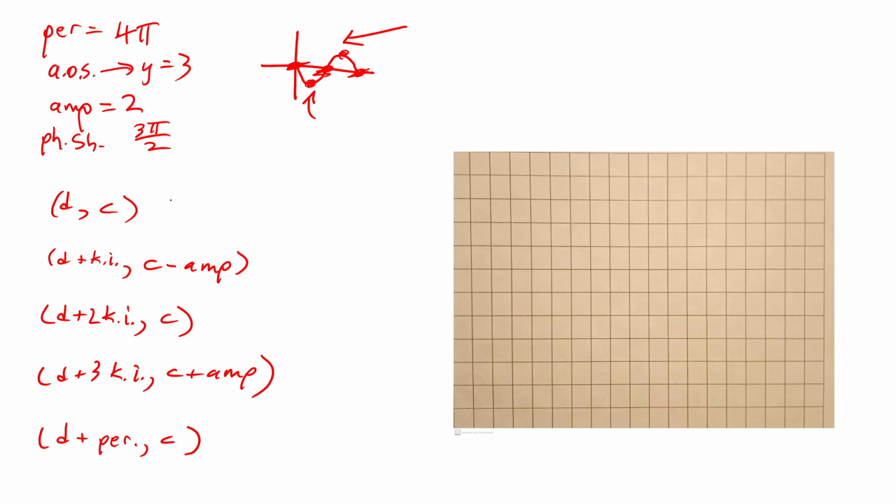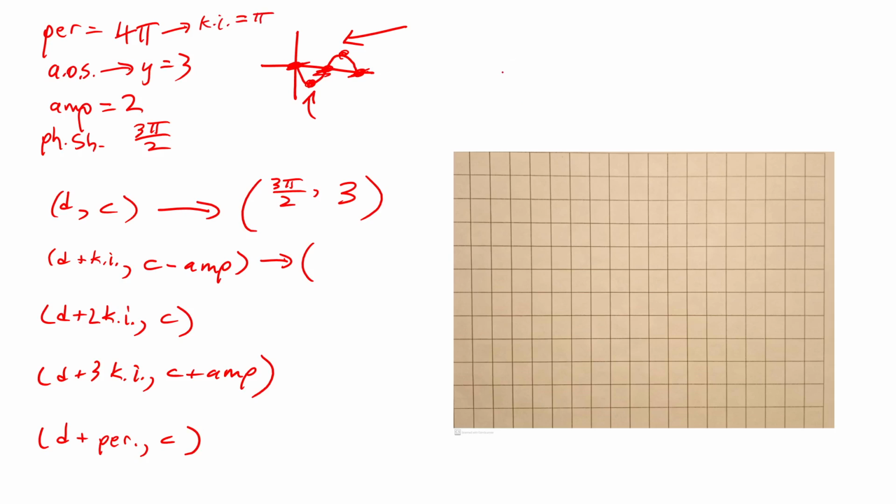Okay, well, our phase shift represents our d value. So our first x-coordinate is 3 pi over 2. The c value is the y value of the axis of symmetry, so that's a 3. So we have one of our key points. Now, to get d plus a key interval, since our period is 4 pi, that means our key interval is equal to pi.